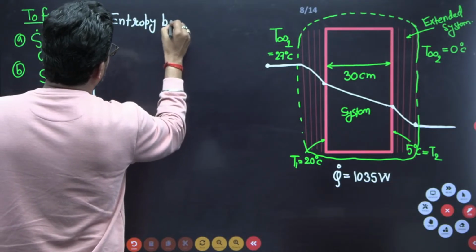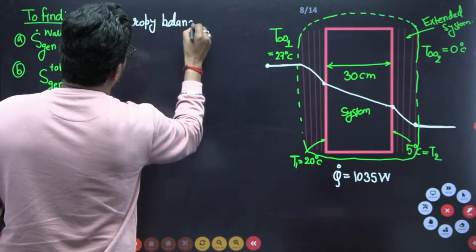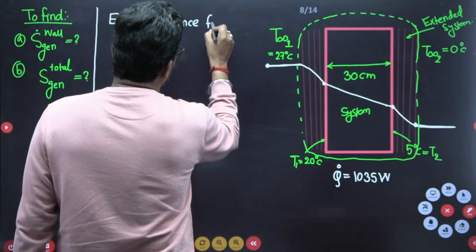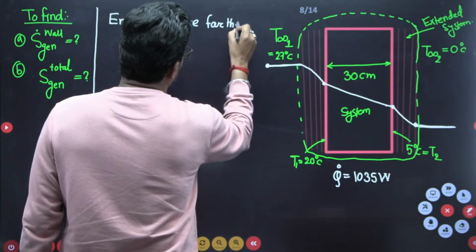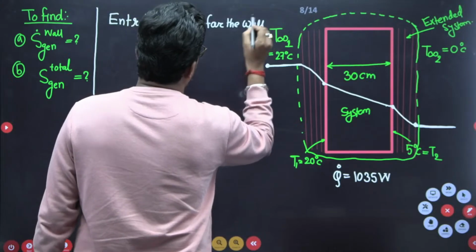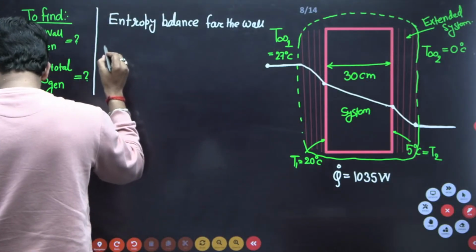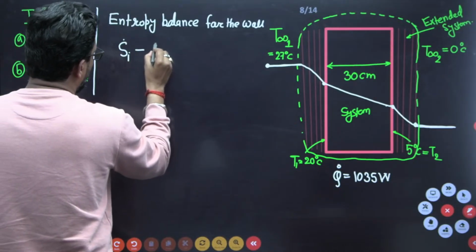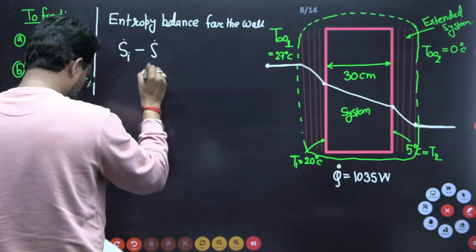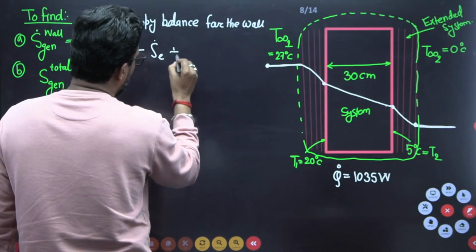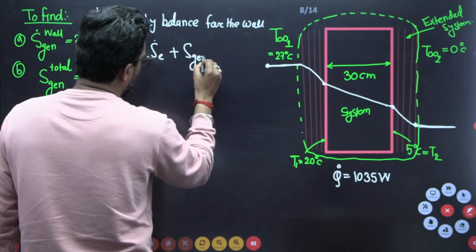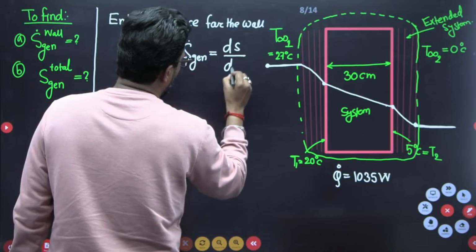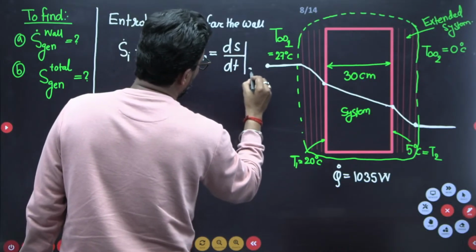Entropy balance for the wall: rate of entropy in minus rate of entropy exit plus rate of entropy generation is equal to dS by dt of the system.